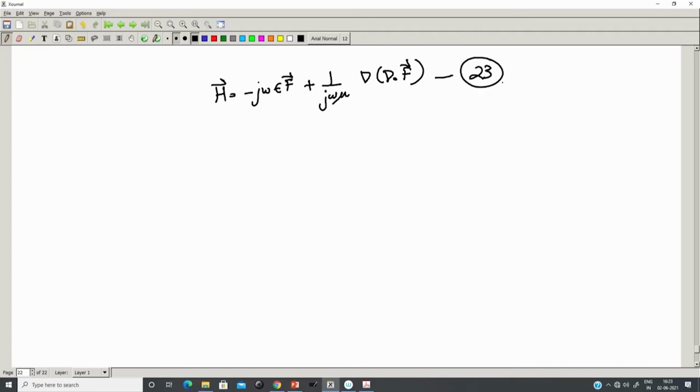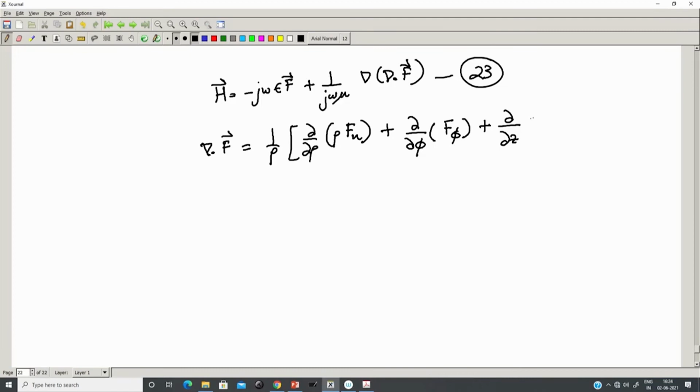Divergence F is given by 1 by rho del rho of rho F rho plus del phi of F phi plus del z of rho F z.